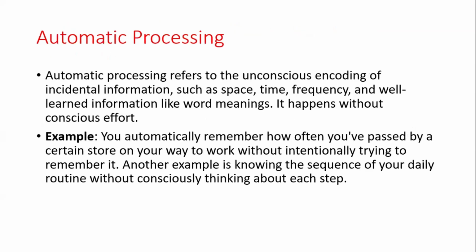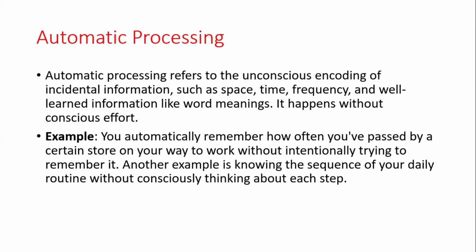Automatic processing. The title has its meaning. Automatic processing refers to the unconscious encoding of incidental information. So whenever we remember something without consciously etching it in our mind, we call that automatic processing. For example, we know the sequence of our daily routine.